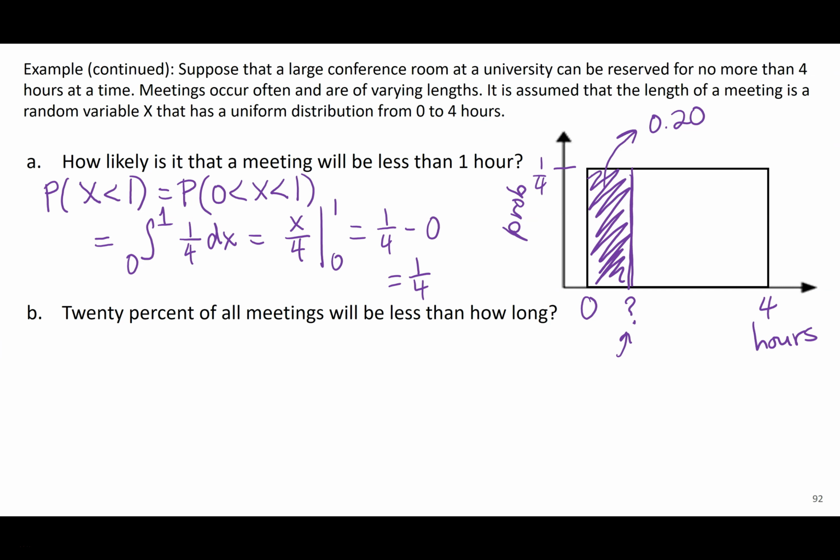So if 20% are lower than it, I'm looking for the 20th percentile, or the 20th quantile technically. So I'm looking for x 0.20 or x 20 over 100. Either one is totally fine. I'll admit though, if you're typing, it's a lot easier to type out x subscript 0.20 than it is to have that fraction in there. It doesn't type as nicely most of the time. But absolutely, it's your prerogative.